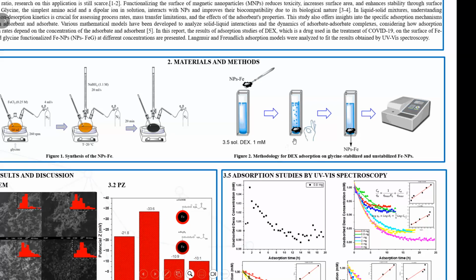Now, the methodology for dexamethasone absorption on glycine stabilized and unstabilized iron nanoparticles. In this part, studies of the absorption of dexamethasone on the surface of iron nanoparticles were performed by monitoring the concentration of non-absorbed dexamethasone at different absorption times, and the concentration was monitored by UV spectroscopy.